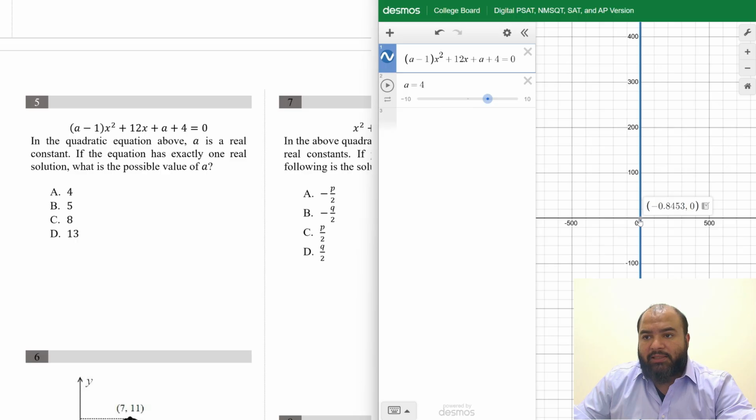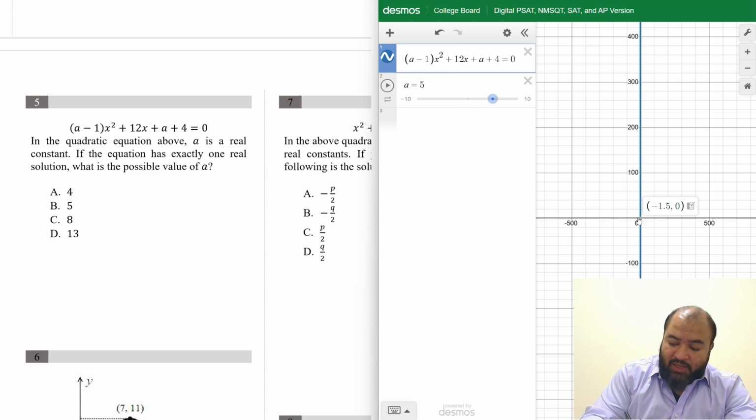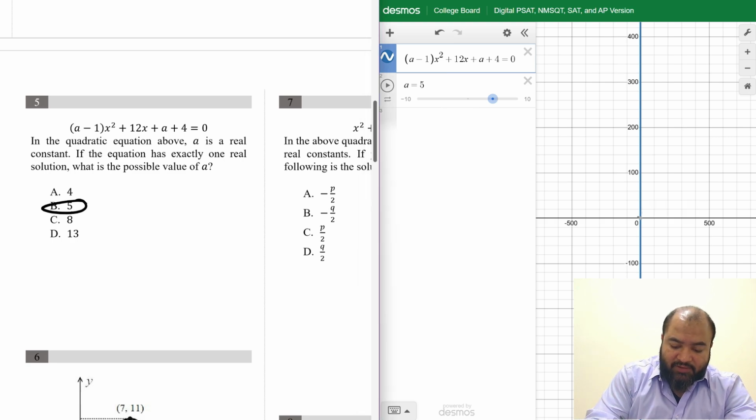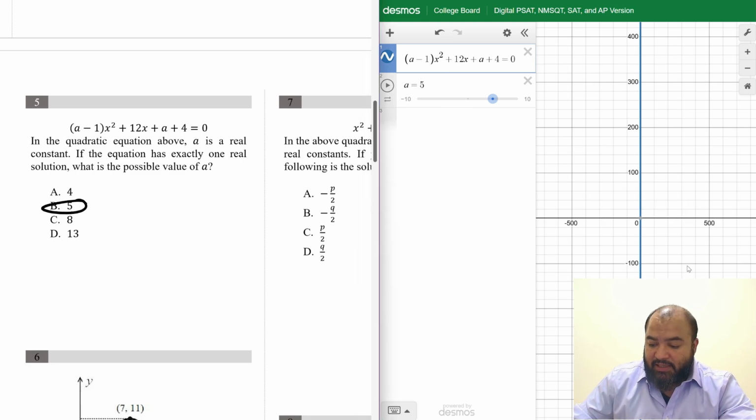So there are 2 lines, 2 different answers. But when a is equal to 5, this is just one thin line, so only one solution, -1.5. They said it has exactly one solution. So when a is 5, it's going to have one solution, which will be -1.5. The answer is B, 5.